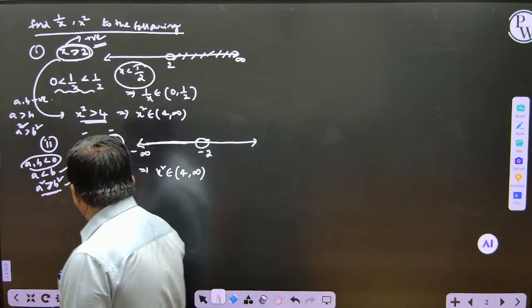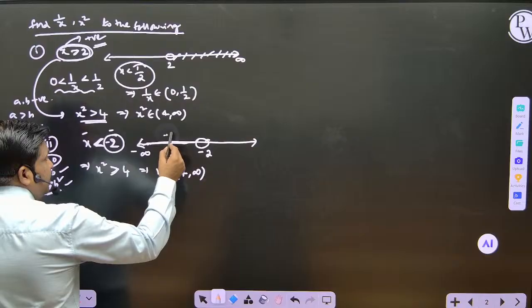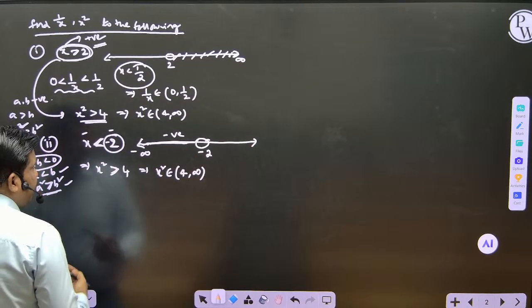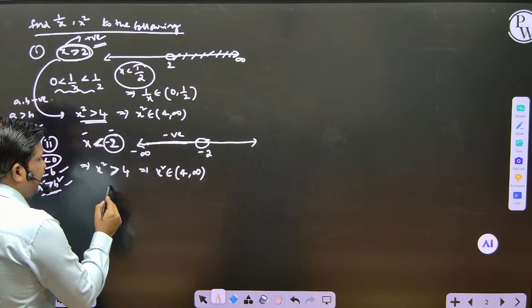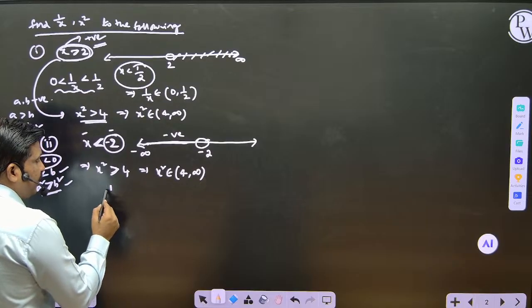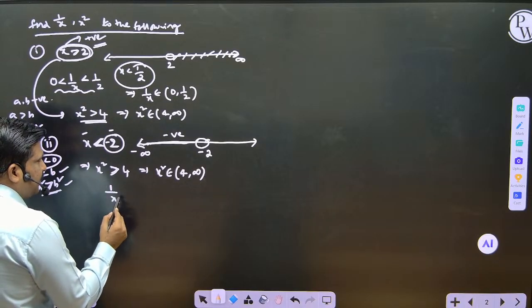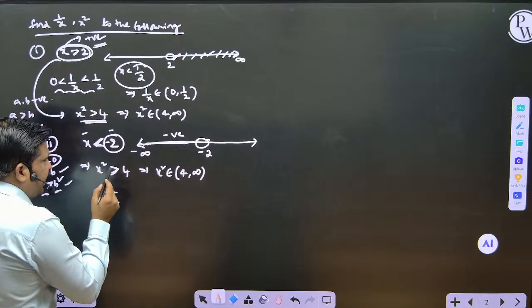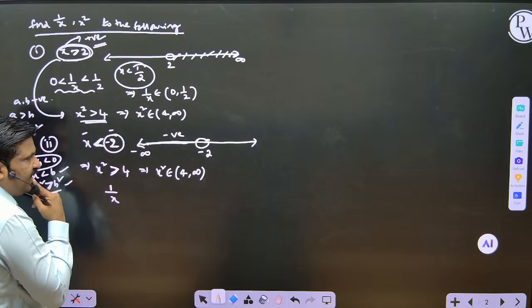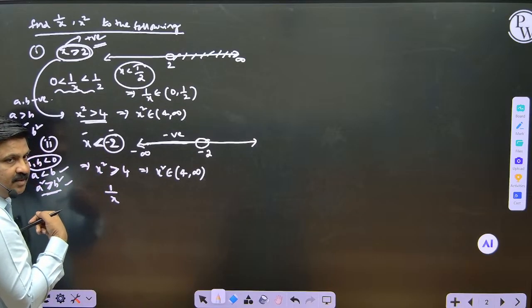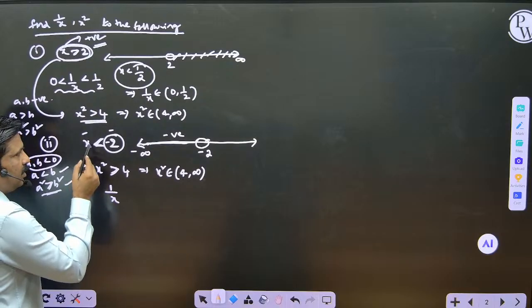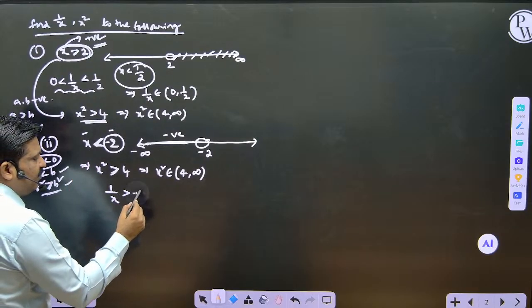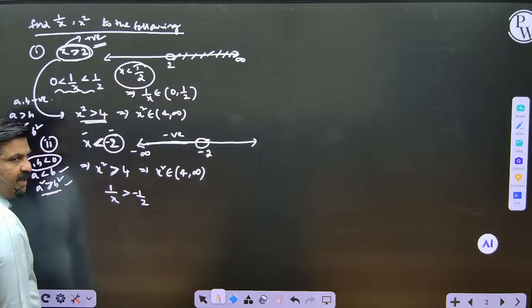But what happened here? x is negative, which means this whole is negative. That's why if I take the inequality here, 1 by x, when I take the inequality, the inequality interchanges. 1 by x is greater than minus 1 by 2.